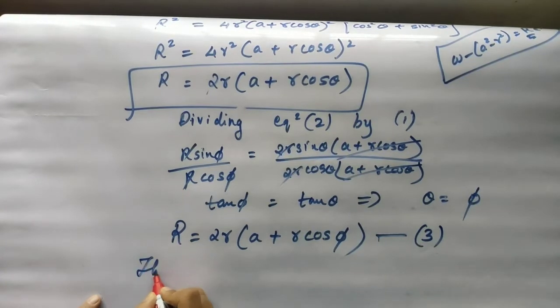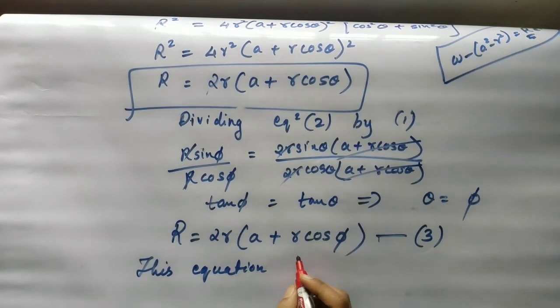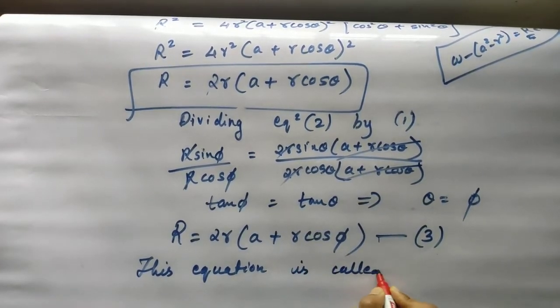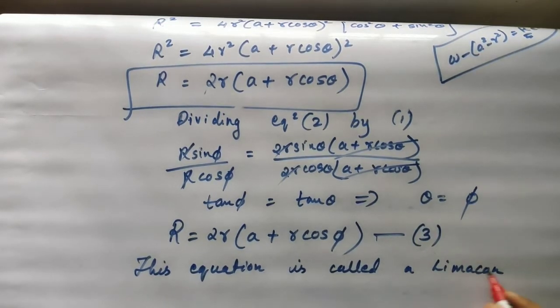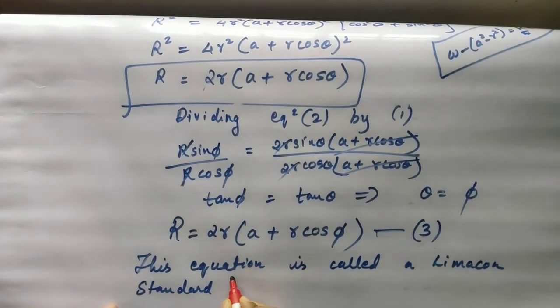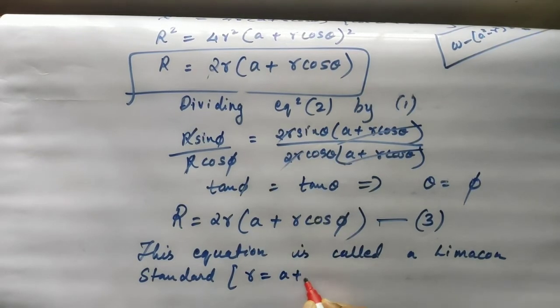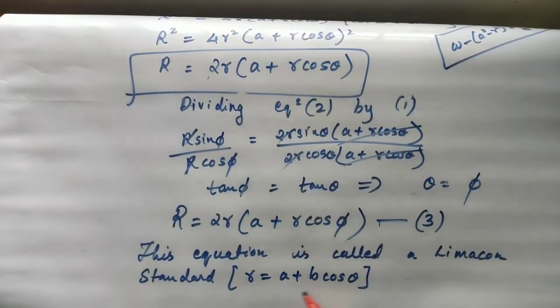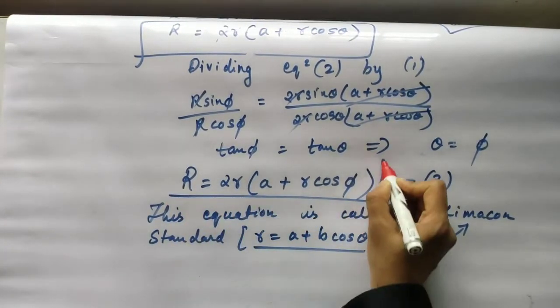This equation is called a limaçon. The standard form of this equation is r = a + b cos θ. This is the standard form of the limaçon, so this is representing a limaçon.